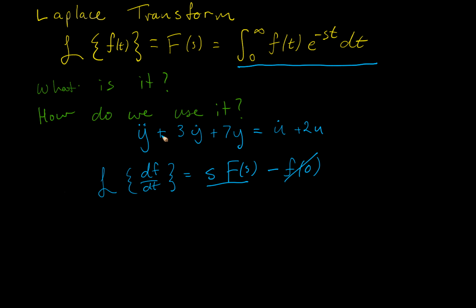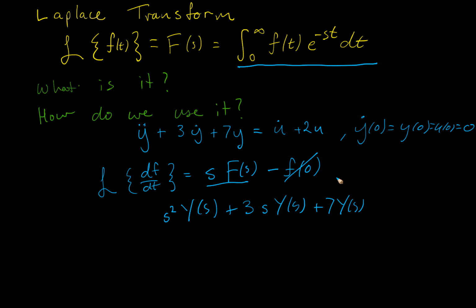So let's look back at our differential equation here, and we can say, if we're assuming initial conditions are 0, so let's say y dot of 0, and y of 0, and u of 0 are all 0, then we use our differentiation theorem and we replace y double dot with s squared times y of s plus 3 times s times y of s plus 7 times y of s, and then we do the same on the right hand side, equals s times u of s plus 2 u of s.